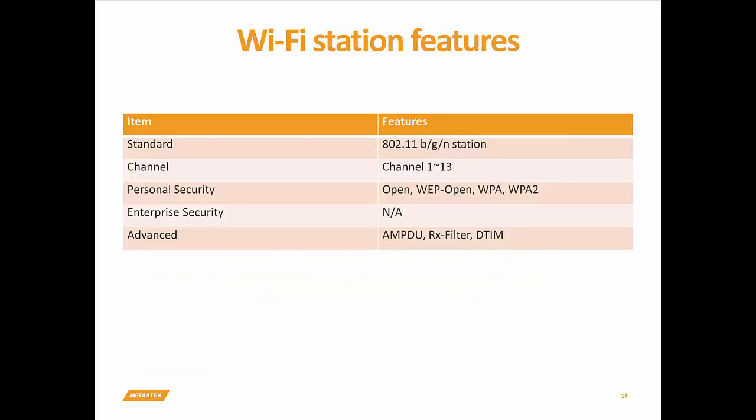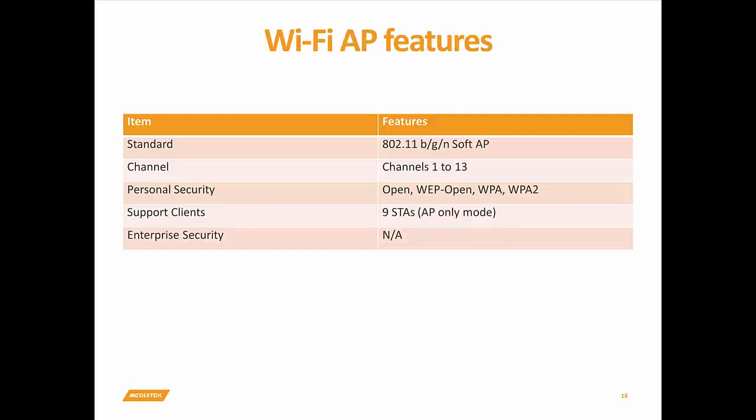So let's have a look at the features. If you put it in station mode, what kind of features do you have? You have the standard 802.11 BGN station. We have all 13 channels, and we have some personal security, like WEP, Open, WPA, WPA2, but we have no enterprise security.